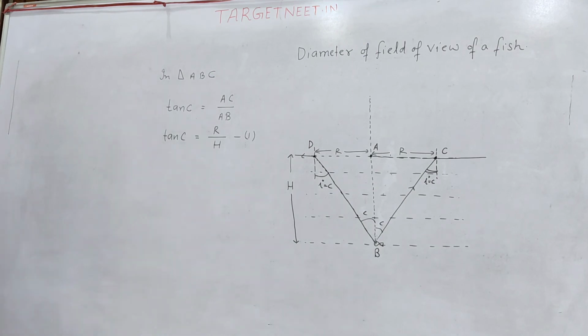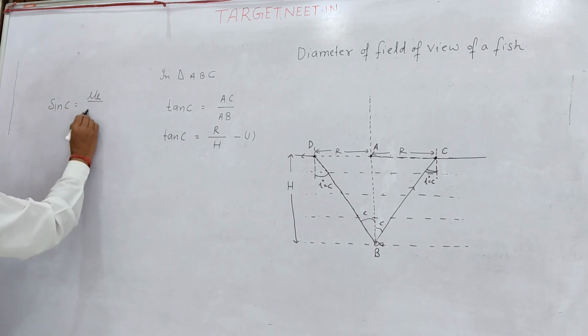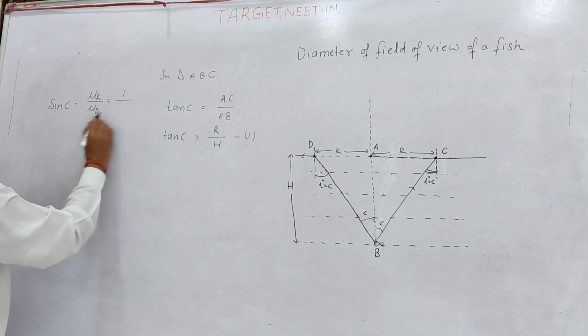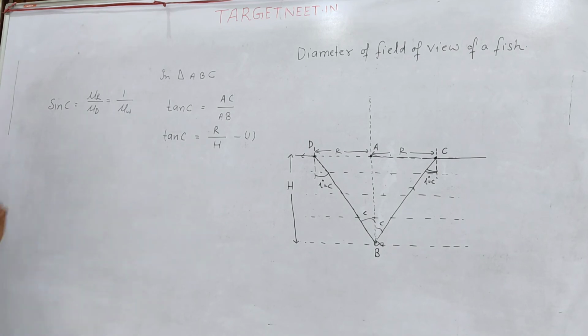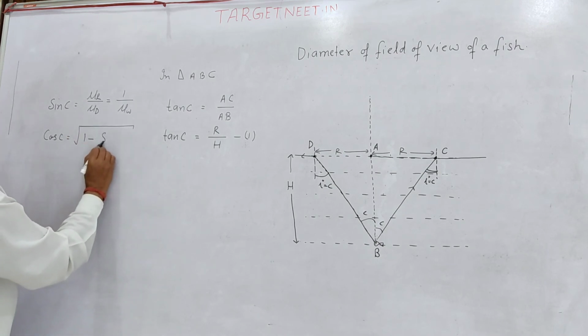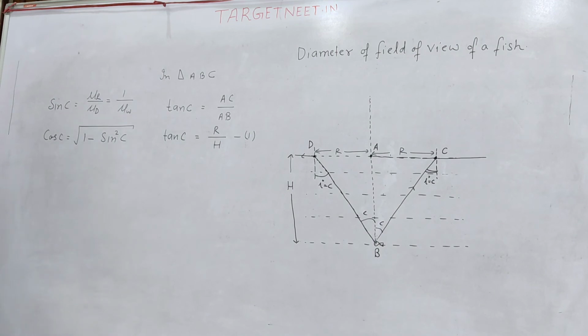Now we already know that sin C is mu R upon mu D. Here mu R is 1 for air, and mu D is the refractive index of water. So cos C is under root 1 minus sin squared C, since sin square theta plus cos square theta is equal to 1.